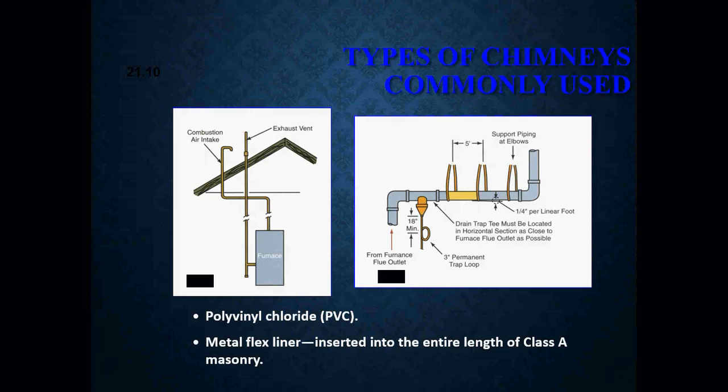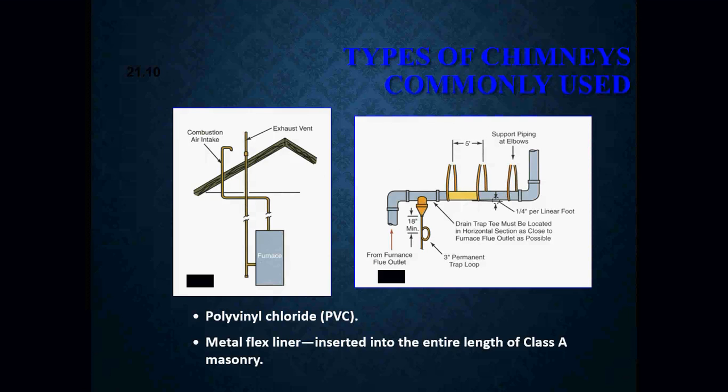Now, if you look at the image on the left, there you have an exhaust vent and a combustion air intake. Your exhaust vent is going to be sticking straight up out of the chimney, extending 2 feet above the peak of that roof line. Your combustion air intake will be slightly lower and it will be pitched downward, as you see on that image.